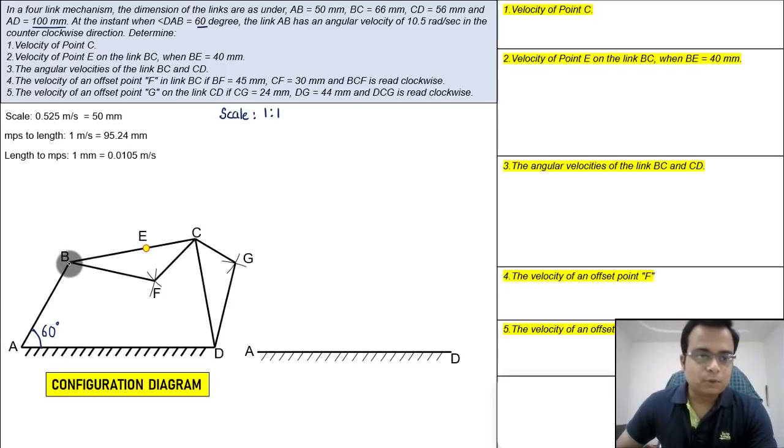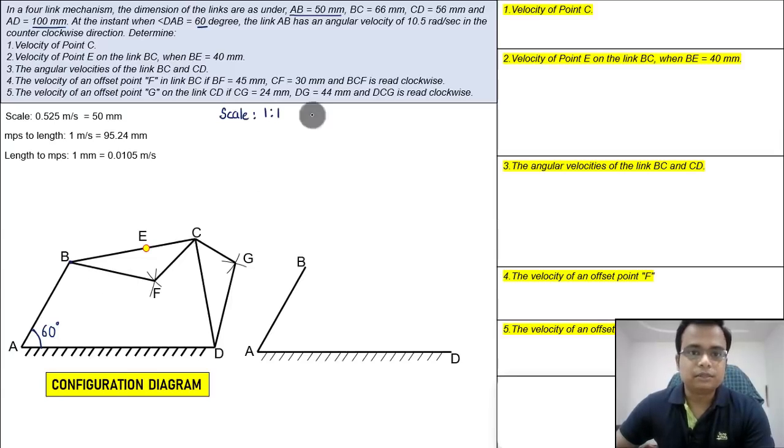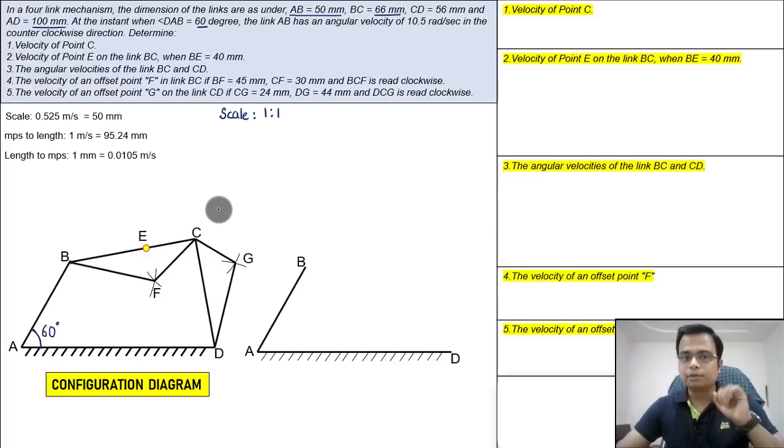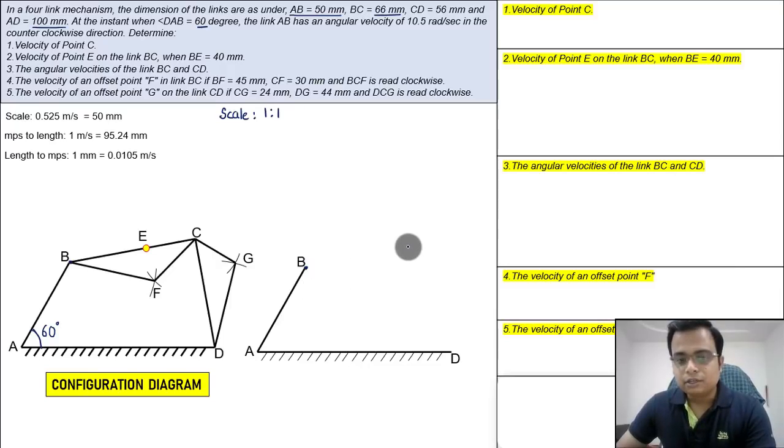Secondly, what we want is point B, and point B's distance from A is 50 millimeters. So here we go, and this angle has to be taken with the help of a protractor, and that's 60 degrees, and here it is. Simple. From B to C, how much is the distance? Well, that's 66 millimeters. So in your compass, you need to take a radius of 66 millimeters, and with this B as the center, you just need to put an arc over here.